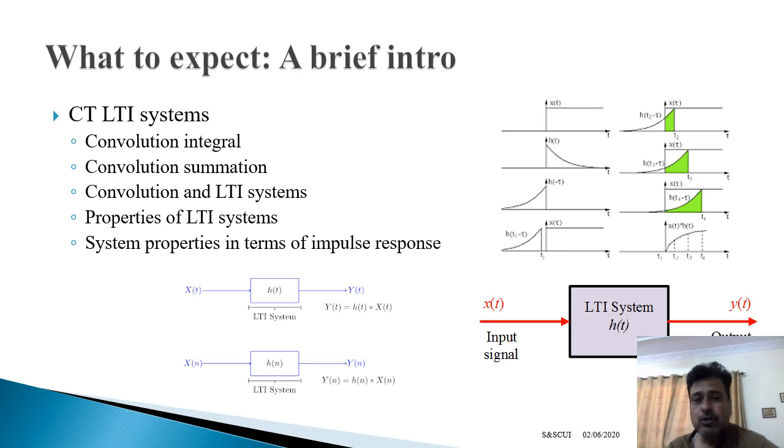So convolution, if we talk about continuous time systems, we have two kinds of systems. When we formally discuss these things, you will come to know that the systems or even signals are divided into two major categories. One is called continuous time and one is called discrete time. So if you have a continuous time system to which you are giving a continuous time signal as an input, then the output can be determined by this convolution integral.